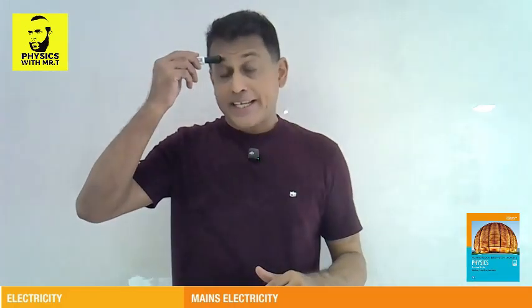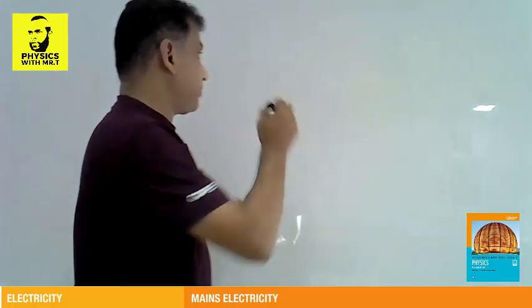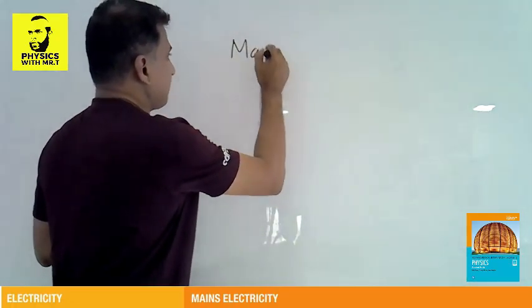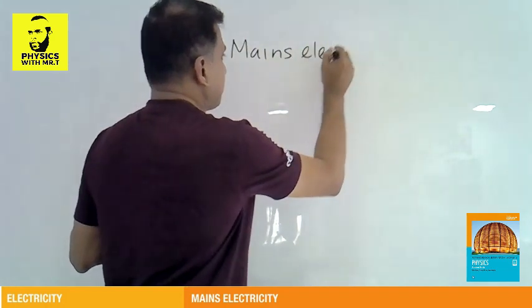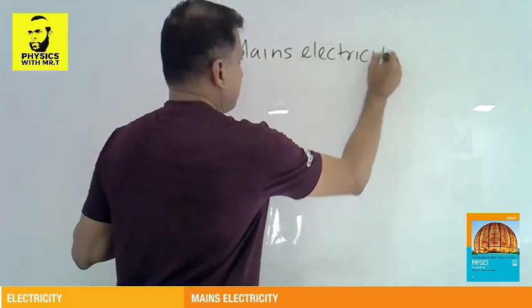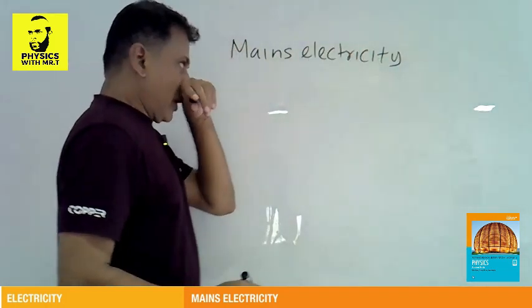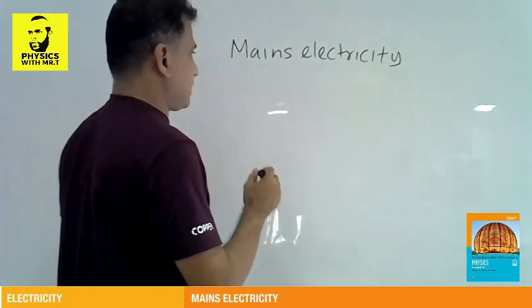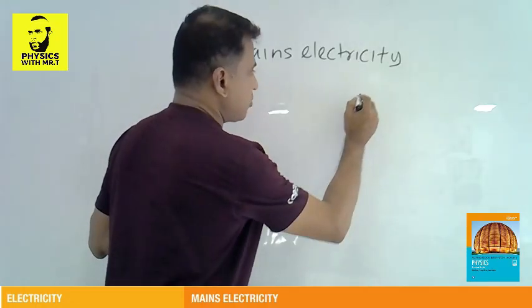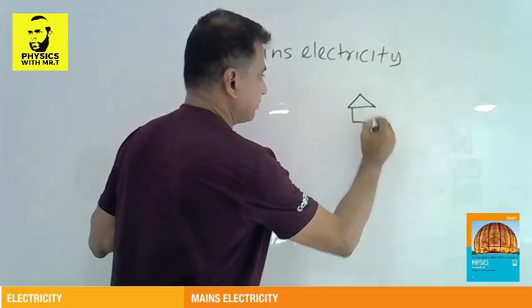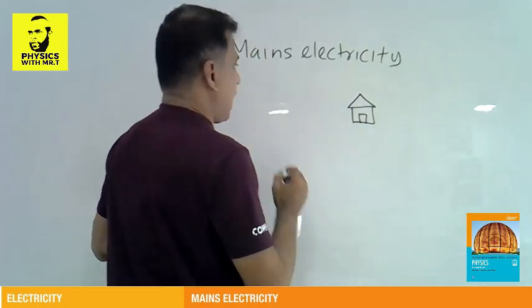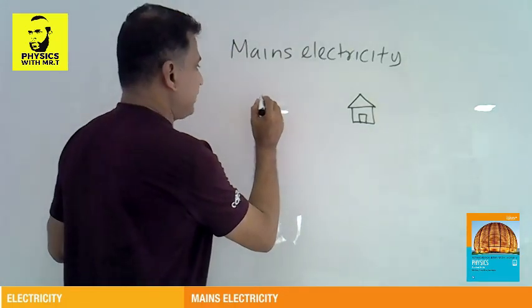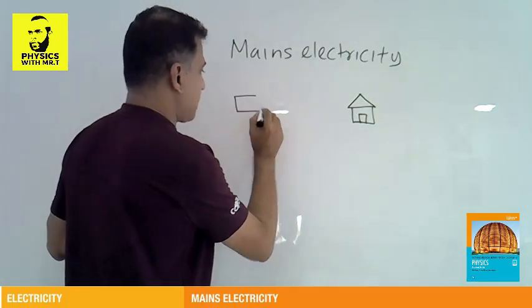Okay, now next we're going to learn what mains electricity is. It's very simple to understand. We have a house here, and here we have the power station.